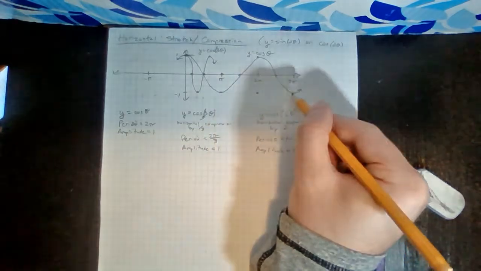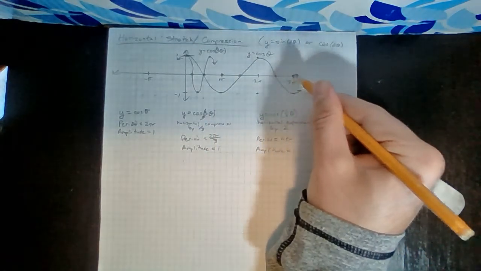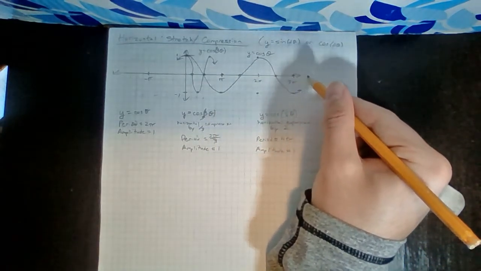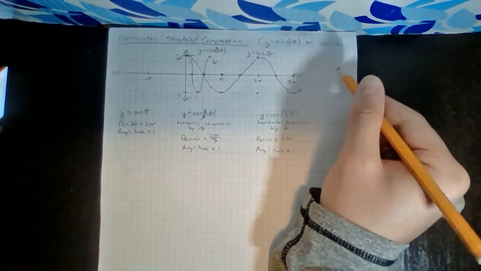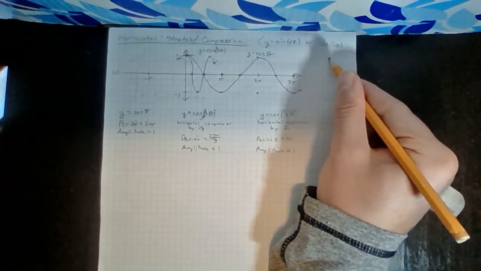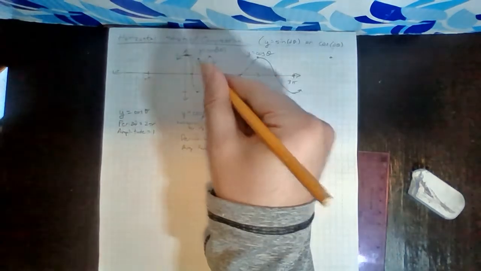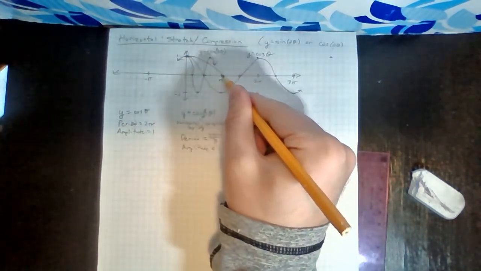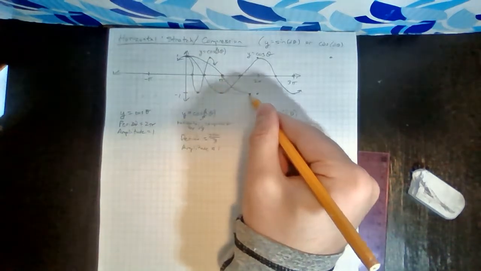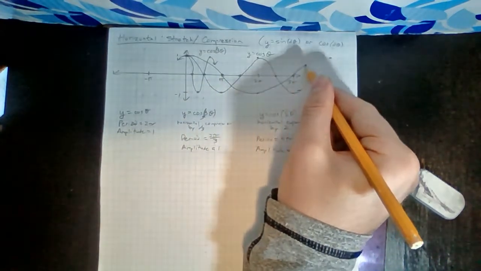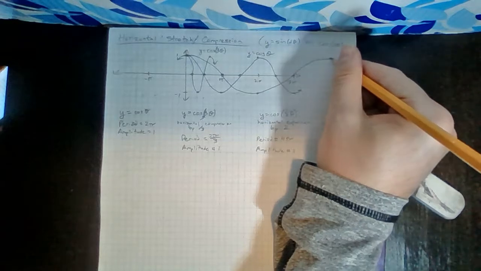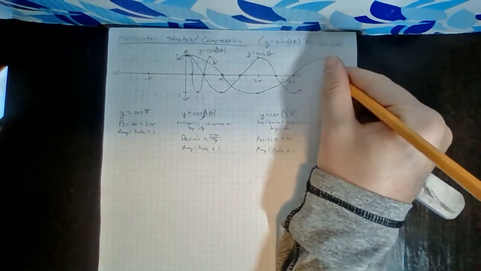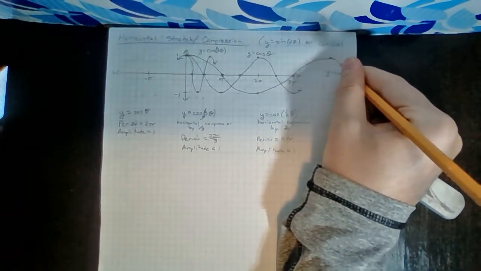So we're going to go another pi over, we're back at 0. Another pi over, so another 6 units over, we're up at theta equals 1. So we get a much more stretched out looking cosine function. So that is our y equals cosine of a half theta.